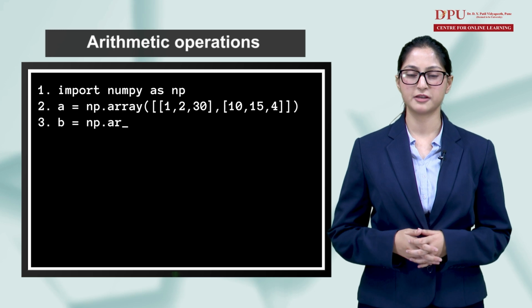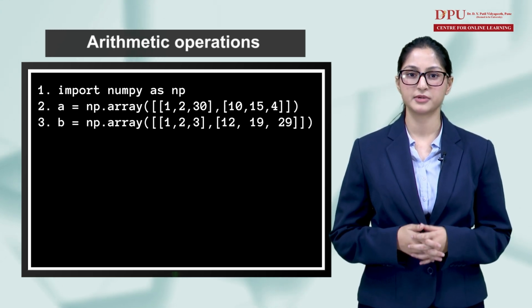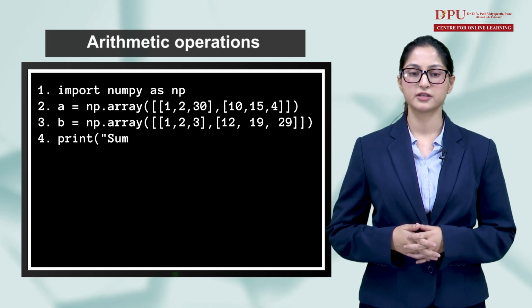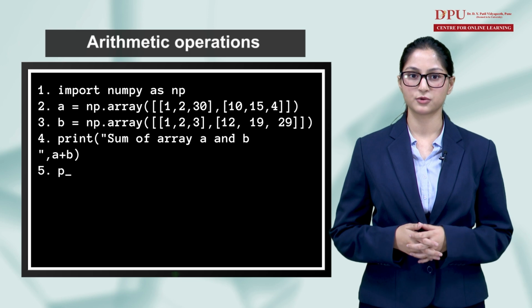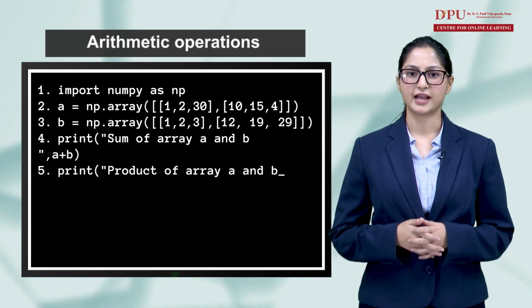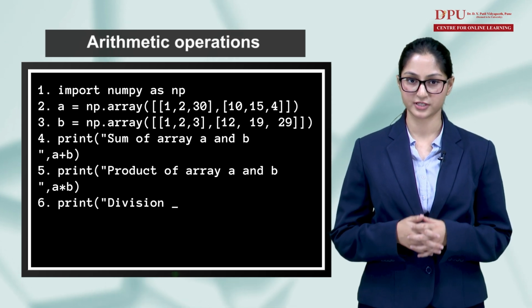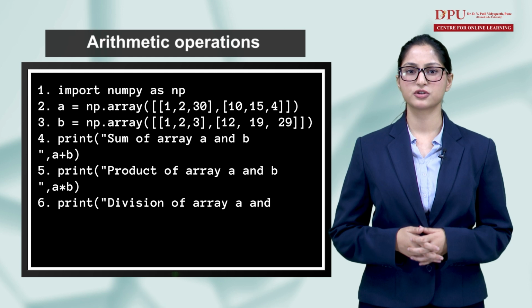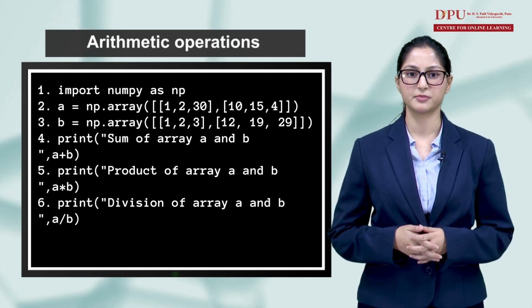B equals np.array, similarly with the following numbers passed as parameters to the array function. Print "sum of array A and B", next line, comma, A plus B. Print "product of array A and B", next line, comma, A asterisk B. Print "division of array A and B", next line, comma, A divided by B.